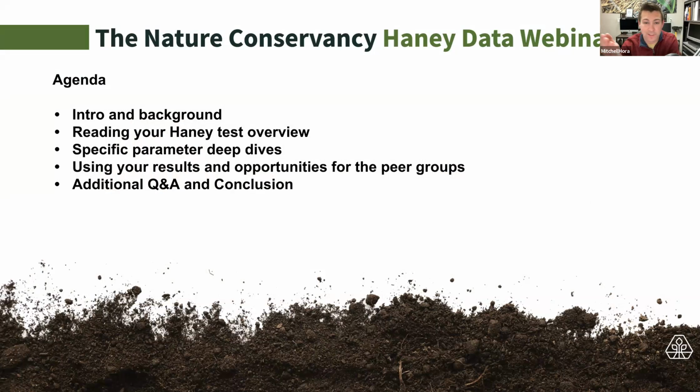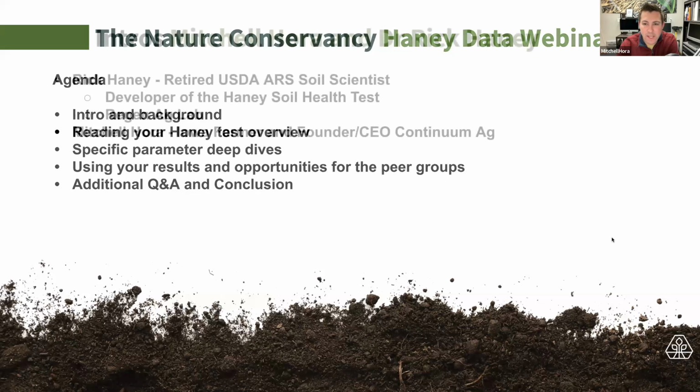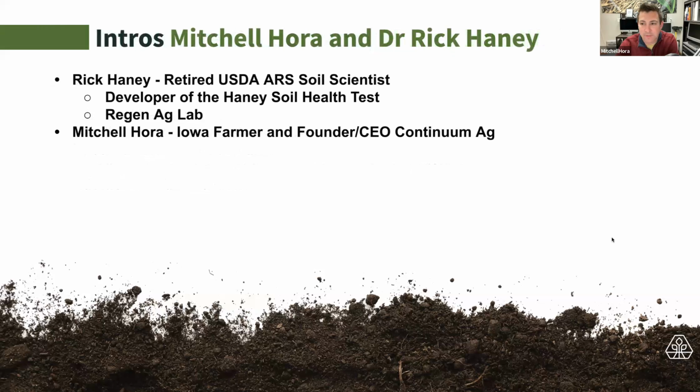Is it good? Is it bad? Am I okay? Am I doing terrible? That's what we want to get into. We have some of that, and maybe a couple of suggestions on how you could utilize these going forward. And we'll spend as much time as we can on Q&A.